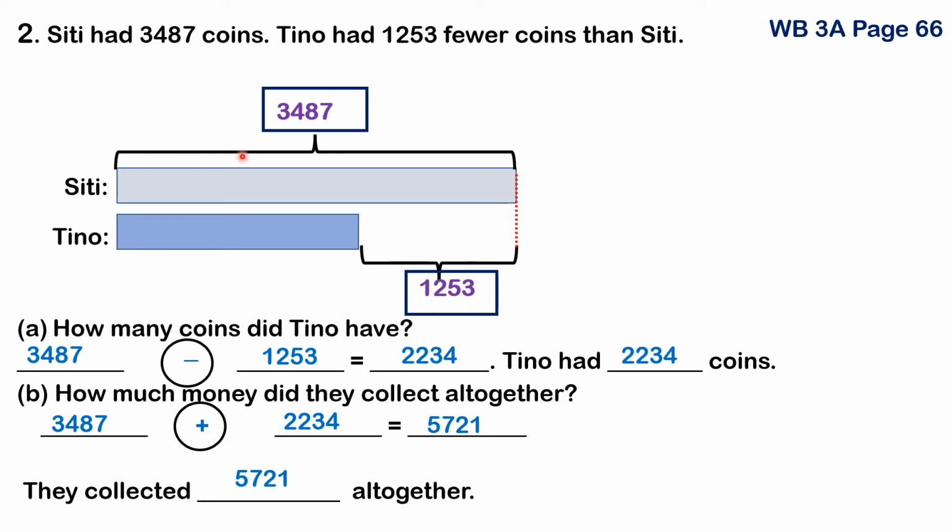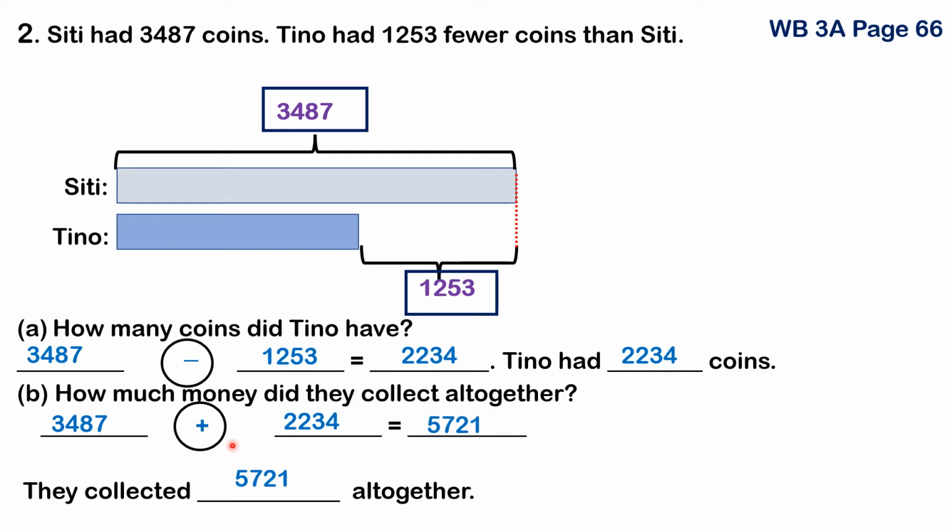So we have to subtract 3,487, which is Siti's coins, minus 1,253 to get 2,234. So Tino had 2,234 coins.